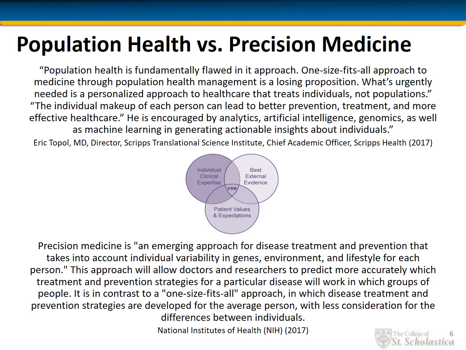Those are not three separate and distinct elements, nor is evidence-based medicine only one or two of those three elements. It would appear that population health and precision medicine have the same goals and can and should coexist with one another.